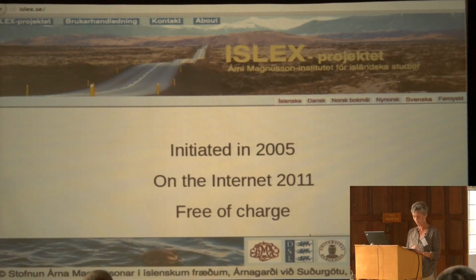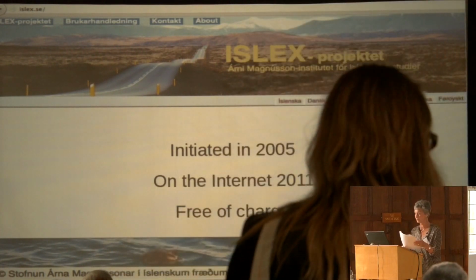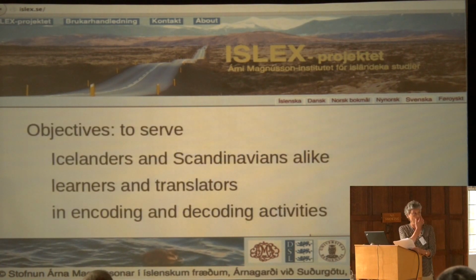The eLex project was almost entirely funded by the governments and by public funds, and the dictionaries are consequently accessible free of charge on the internet.